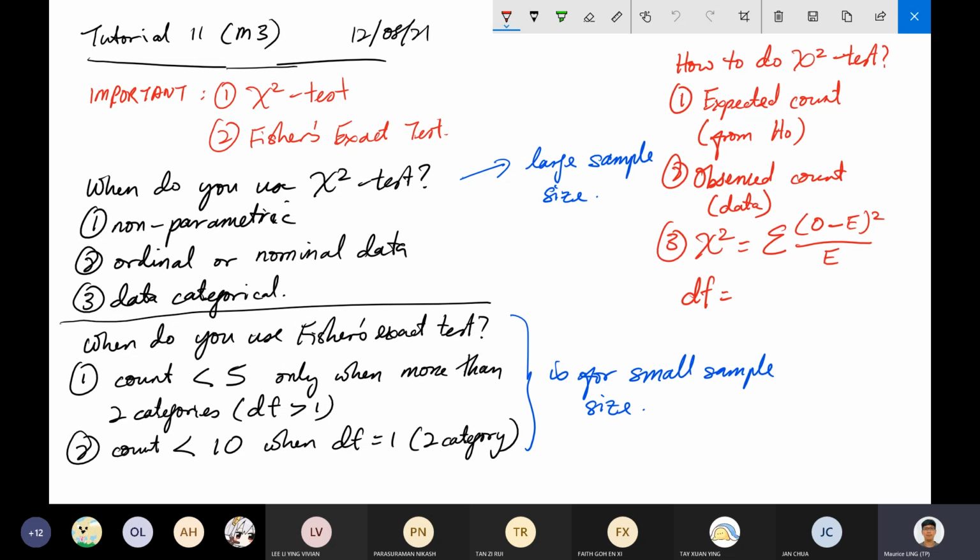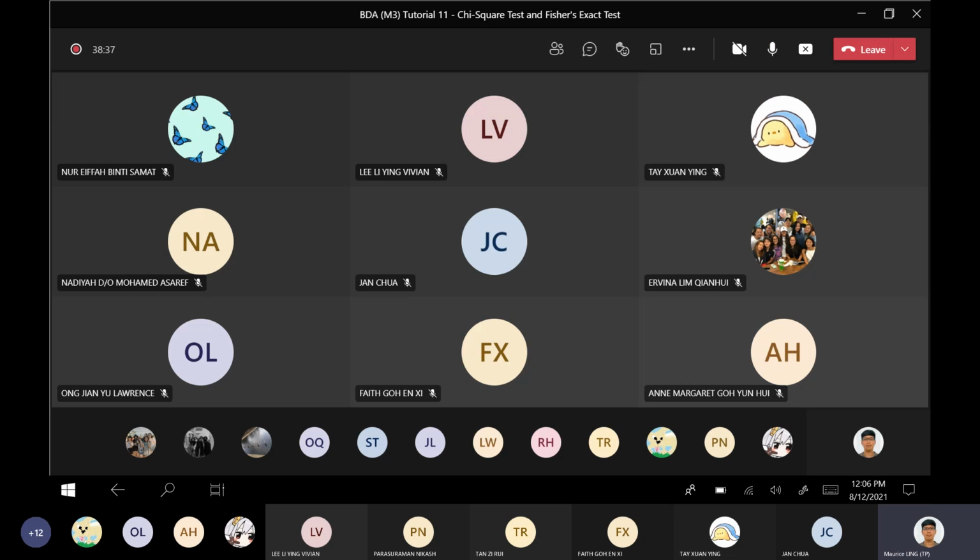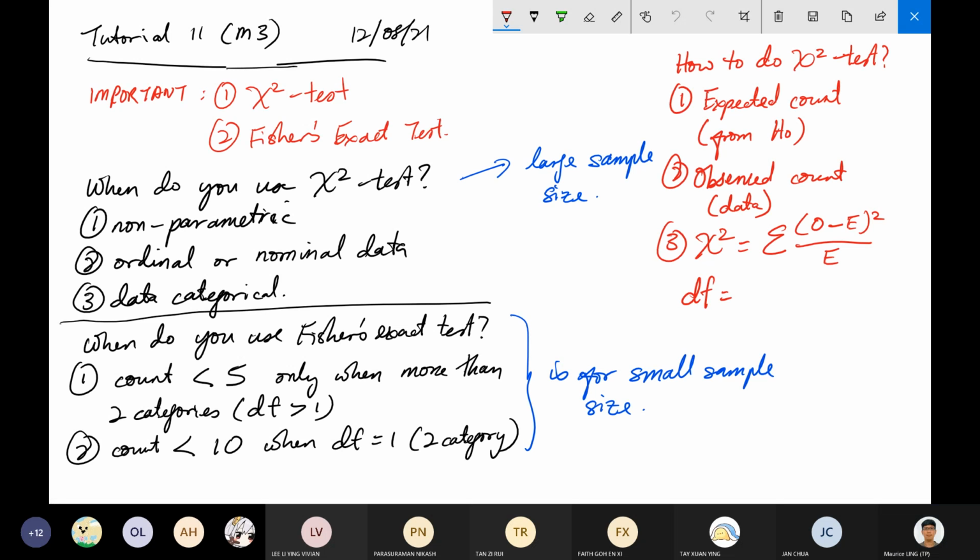Yeah, say something. Okay, probably lost. Lawrence, what is degrees of freedom for Chi-Square test? Is it sample minus 1?